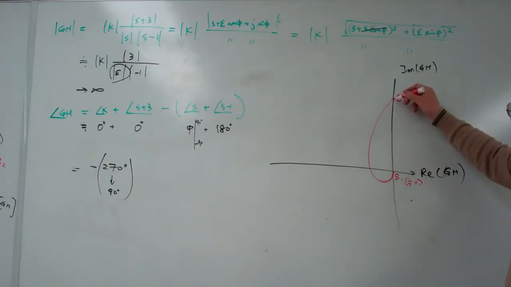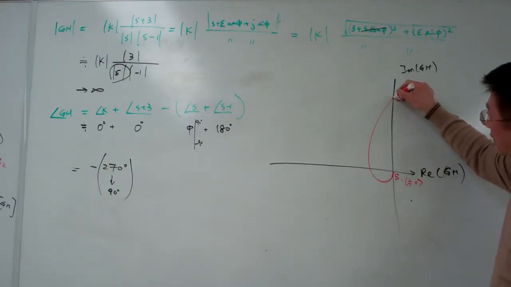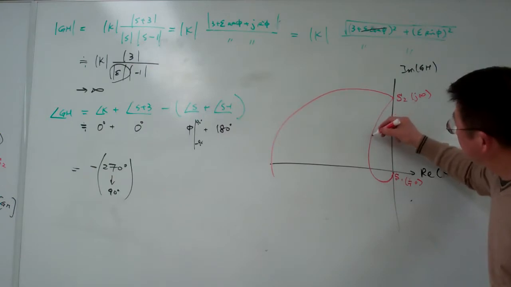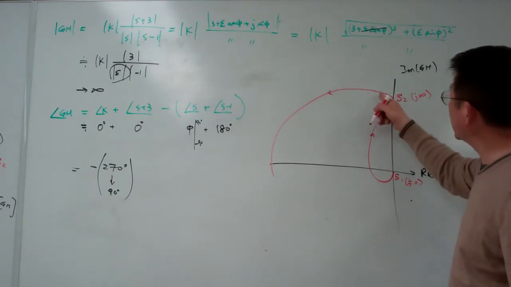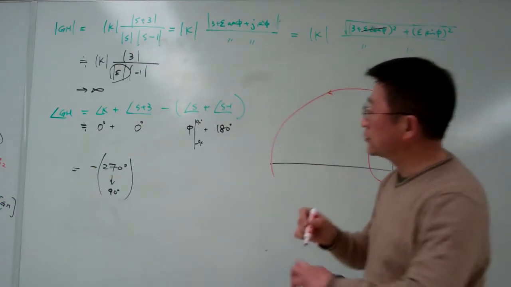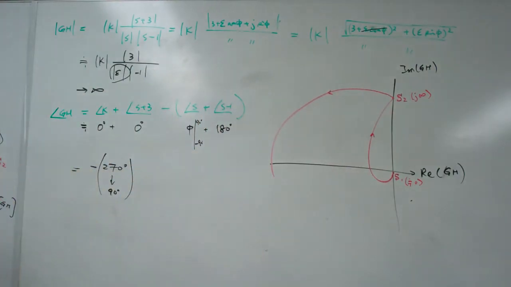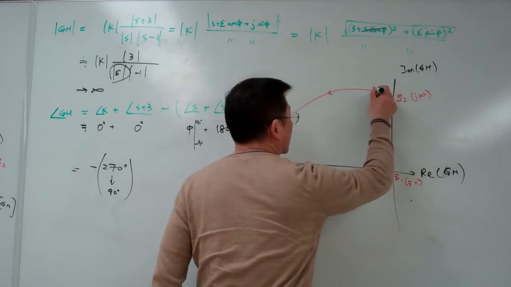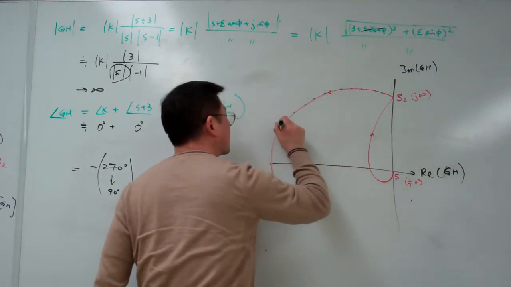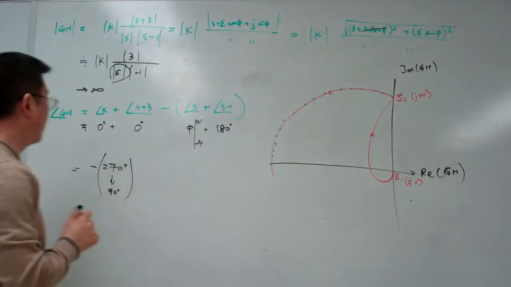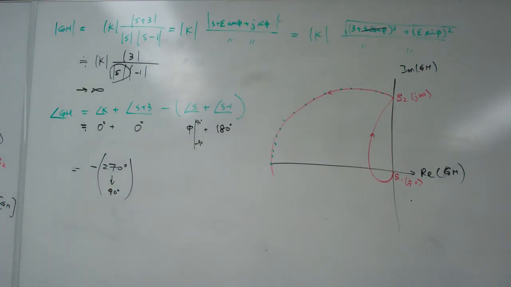Okay, and then from here we go to this. So this is the underground one. Let me label it. Those are points corresponding to the green dot on the Nyquist plot here.